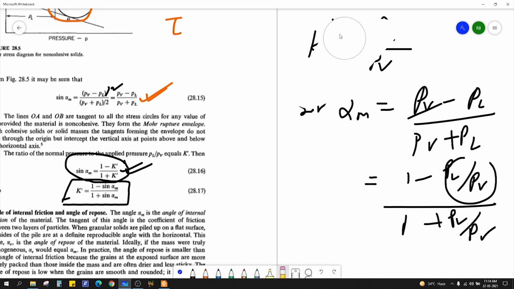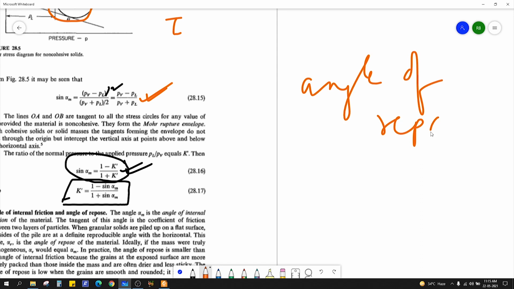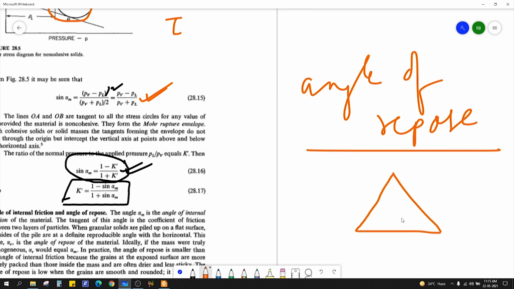Now there is one more term called the angle of repose. What is the angle of repose? Suppose you pour sand on some surface, so the sand will get collected like this, right, as a conical heap.